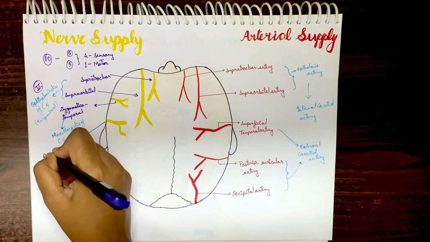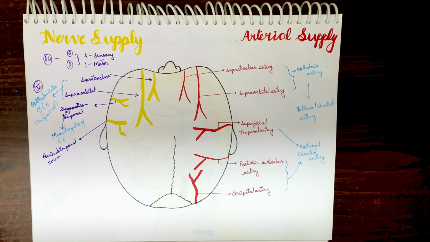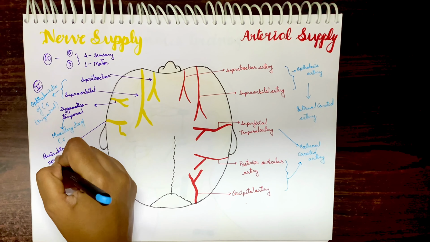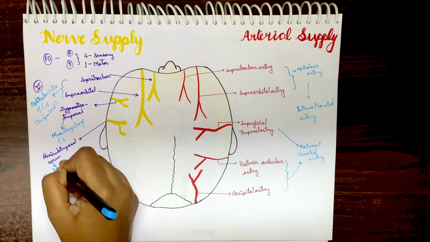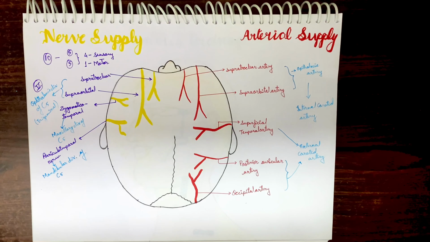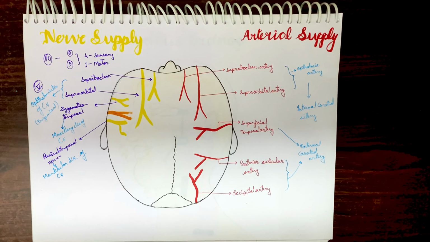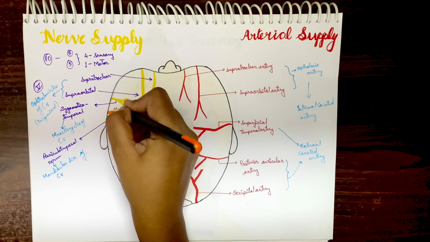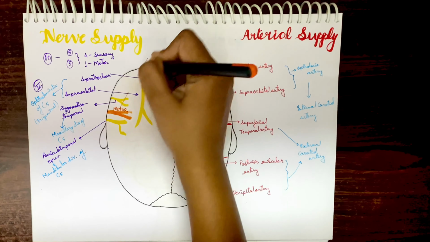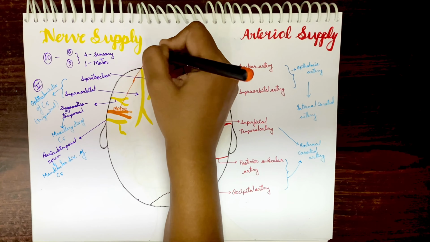The auriculotemporal nerve is the branch of the mandibular division of the trigeminal nerve. After the 4 sensory nerves, the fifth, that is the motor nerve, is the temporal branch of the facial nerve. It is denoted in orange color because it is a motor nerve.